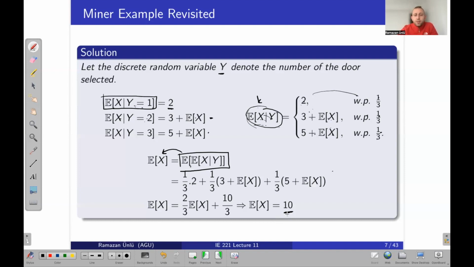So that is Adam's law, and for the summary, we can use Adam's law to calculate the unconditional expected value of x by using the conditional expected value of x, where the conditioned situation is a random variable instead of an event. Which is the difference from the previous part, where we covered the total expectation theorem. So that is the end of part 2, and we will continue to part 3.